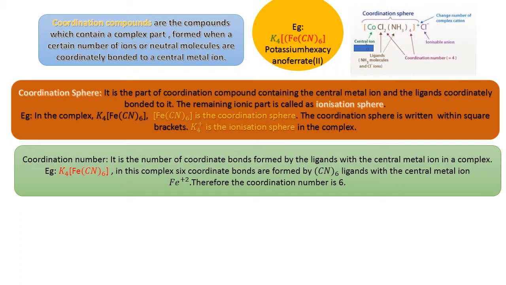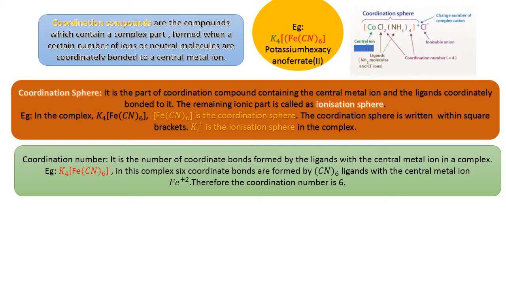Here in the example, potassium hexacyanoferrate, we can see that the coordination sphere is written in the square bracket and the ionization sphere, that is K4⁺, is written outside the square bracket.